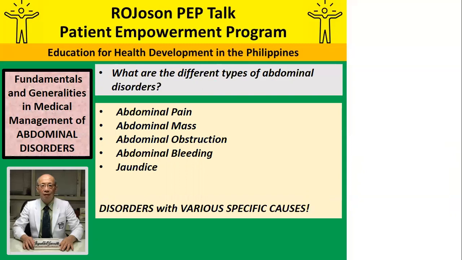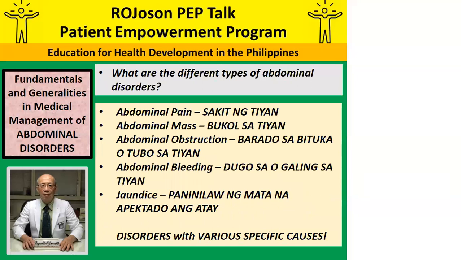So these are the 5 common disorders with various specific causes which are not yet identified at this point. Abdominal pain is sakit ng tiyan, abdominal mass, bukol sa tiyan, abdominal obstruction, barado sa bituka o tubo sa tiyan, abdominal bleeding, dugo sa or galing sa tiyan, jaundice, paninilaw ng mata na apektado ang atay.